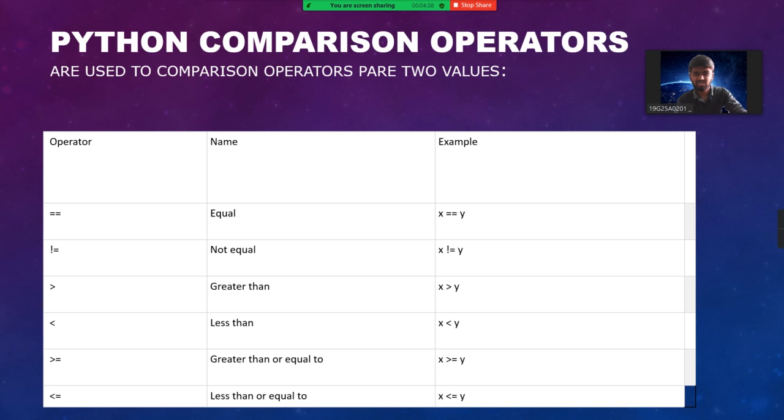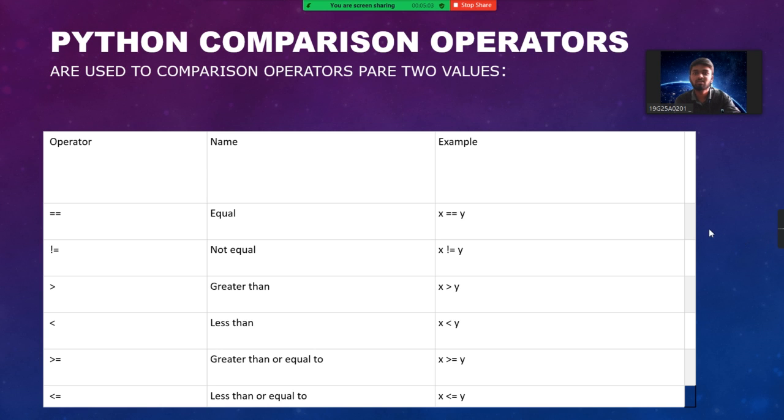We use them to compare two values like x and y. Comparison operators work on two values only; we wouldn't take a single value. We take two numbers like x and y, p and q, like that.